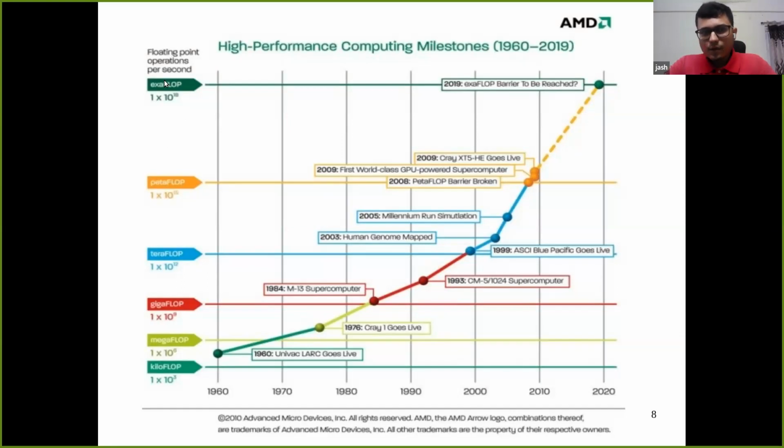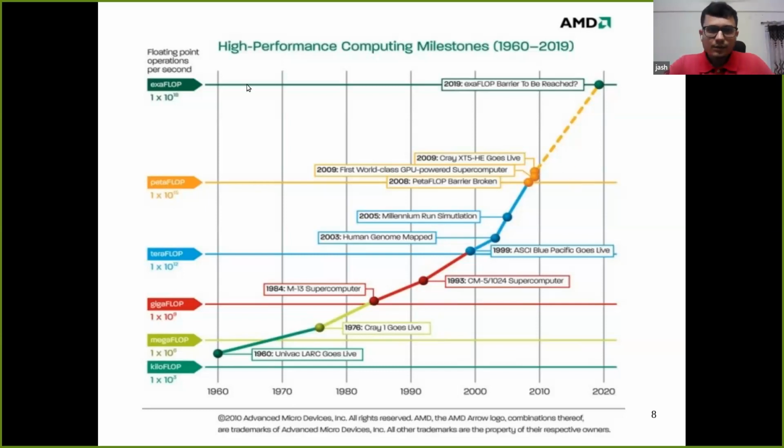Can anyone tell me what a flop is? Floating point operation. Yes, so during the 1960s we were able to achieve some kiloflops of floating point operations per second using the supercomputers of that era.